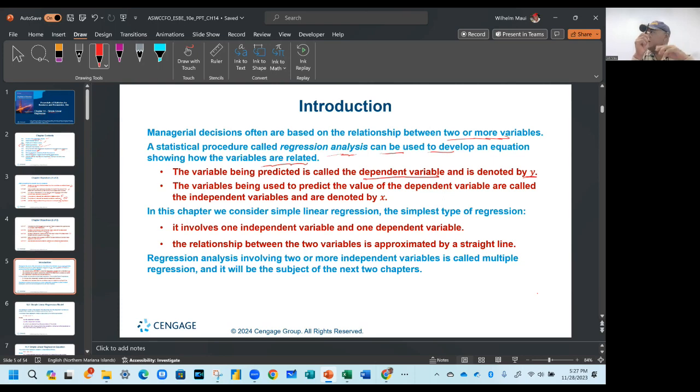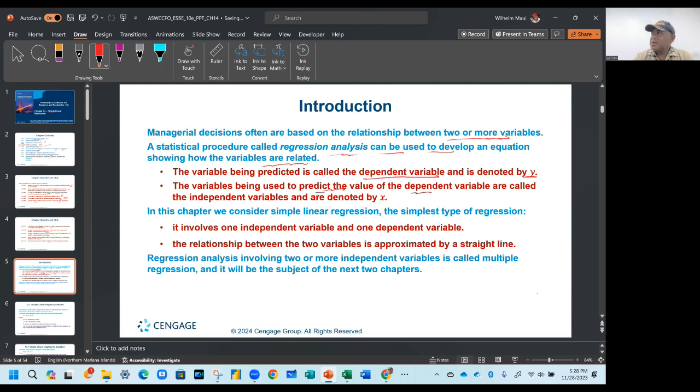By convention, your dependent variable is on your vertical axis and your independent variable is on your x-axis. The variables being used to predict the value of the dependent variable are the independent variables; the term explanatory variable is also used for them.